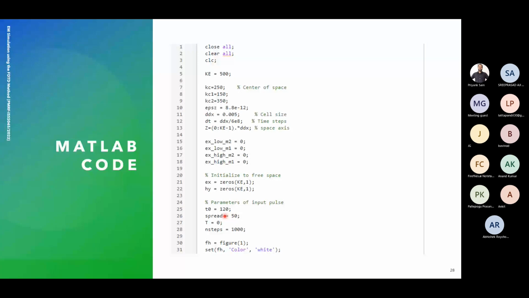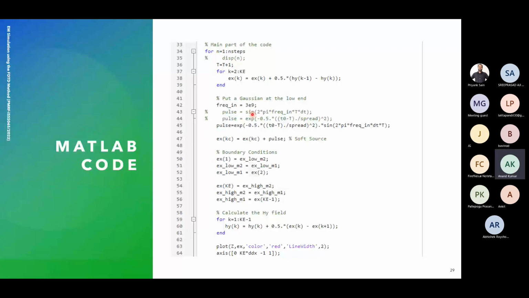Now, moving again to the main part of the code, inside the loop we have the update equation for the electric field. We have the frequency if we are using a sine source. There are different types of sources: sinusoidal source, Gaussian source, and a third kind of source that we'll talk about, the windowed sinusoid, which is very popular within simulation tools.